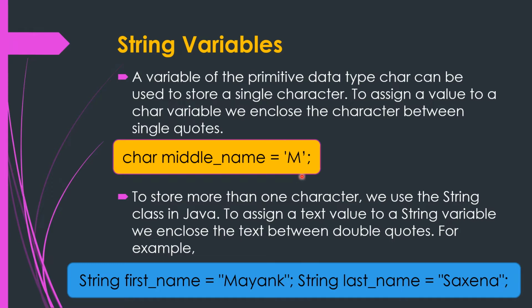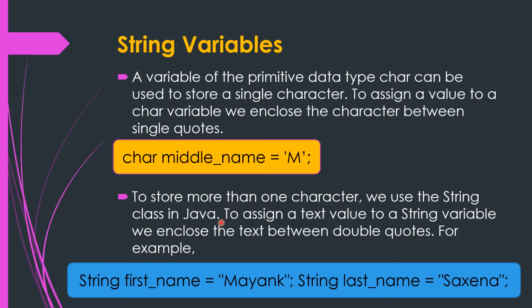This m we have put in single quotes. So this is how we assign a value to a char variable. Here the variable is middleName and m is the value of that variable, assigned using single quotes.